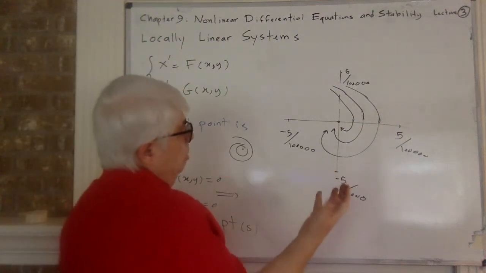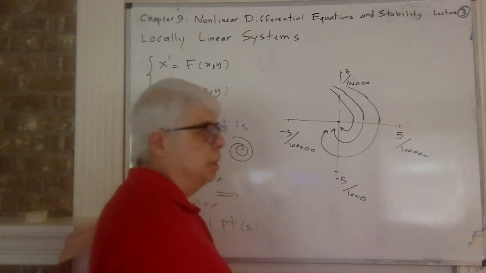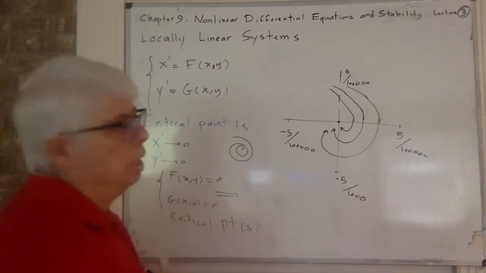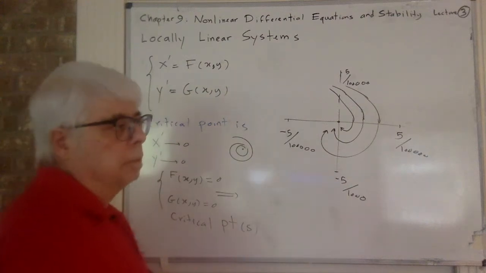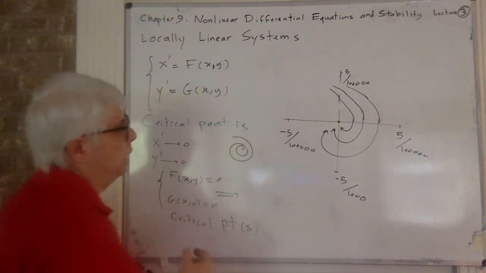Therefore, maybe we can analyze this like a linear system. We can analyze stability like a linear system. We can talk about a node, spiral, or whatever we have.